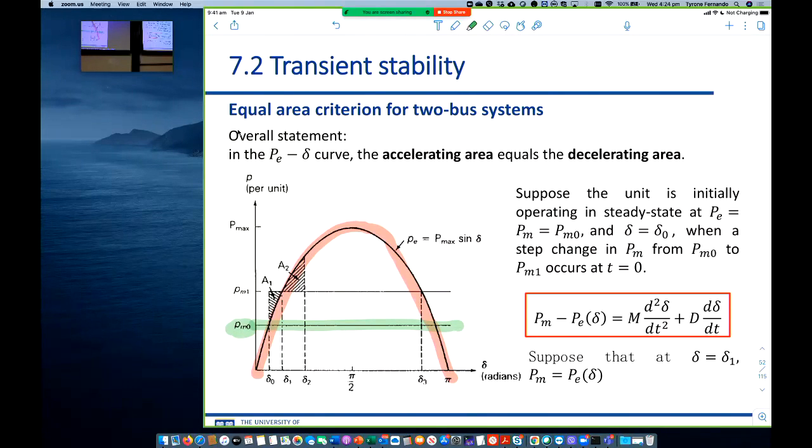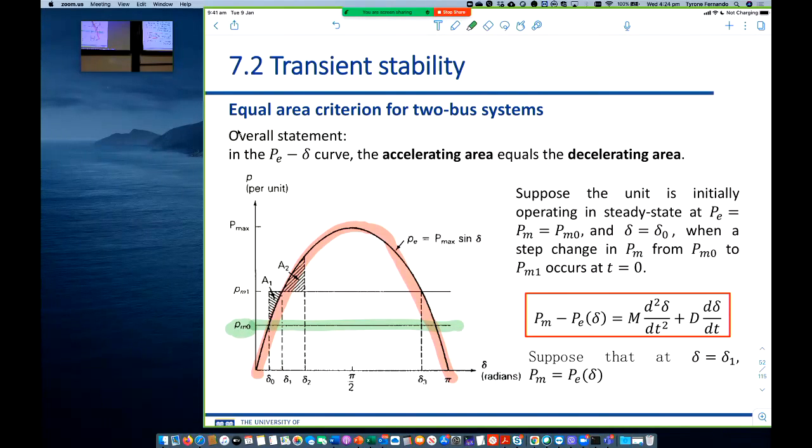But we don't know if it's reached there yet. If it has, then delta 1 has to be the point, because that's the intersection of the mechanical power and the electrical power.